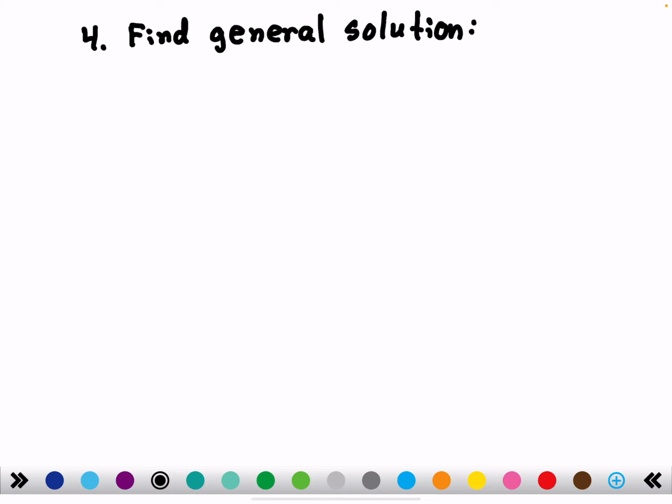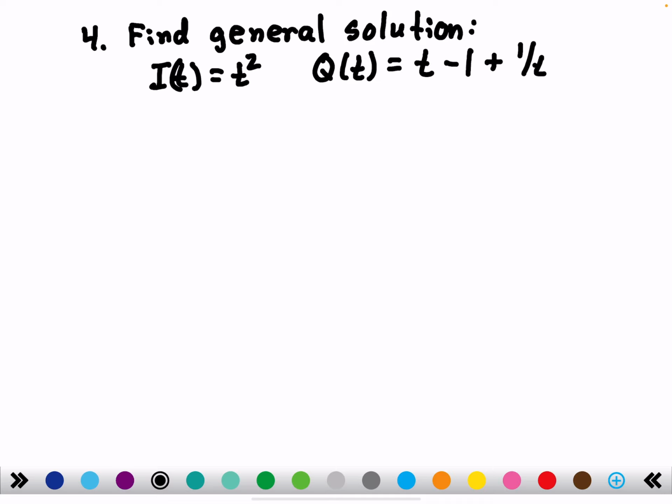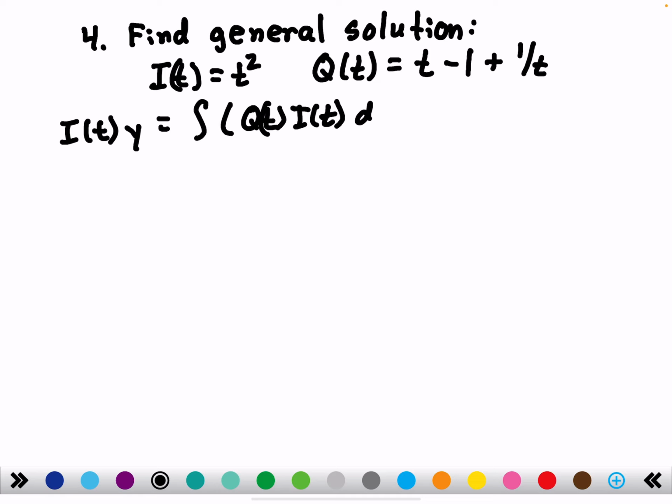In step number 4, find the general solution. And we know that I sub t equals t squared, and q sub t is equal to t minus 1 plus 1 over t, and then we use the formula I sub t times y equals the integral of q sub t times I sub t dt plus c.